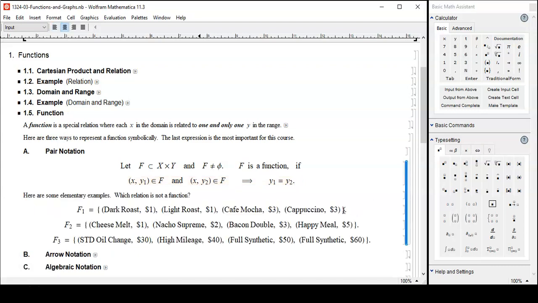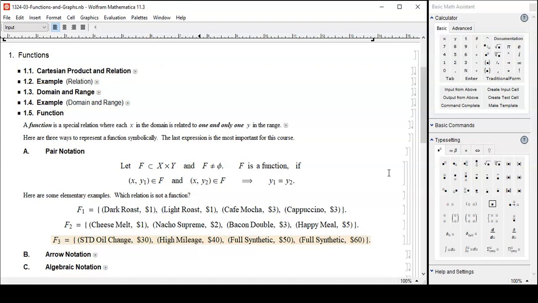Here are some examples. I got these from the textbook. So here are some menu boards. Dark roast $1, light roast $1, coffee mocha $3, cappuccino $3. Now cheese melt $1, nacho supreme $2, bacon double $3, happy meal $5.